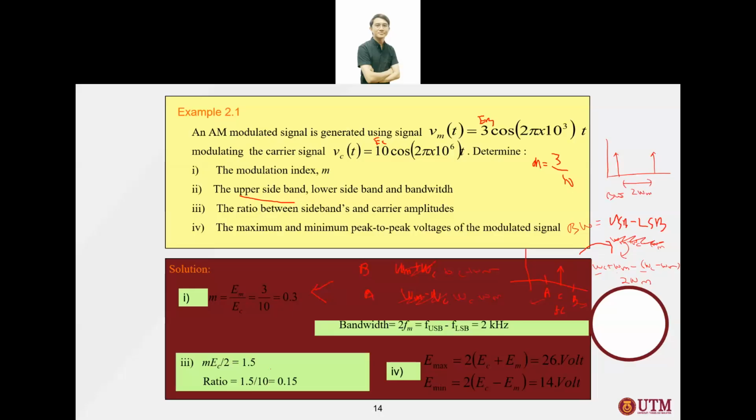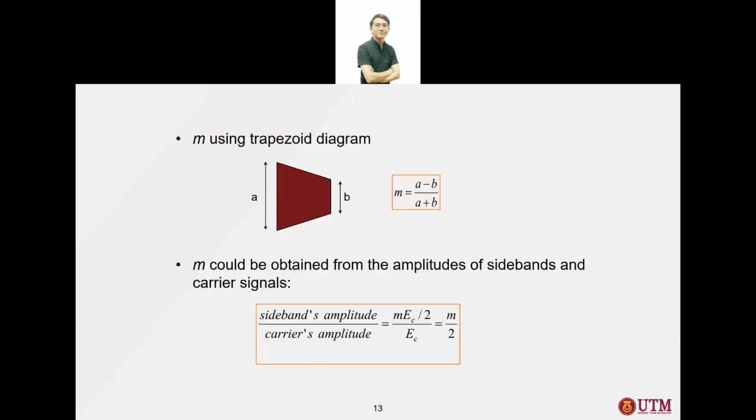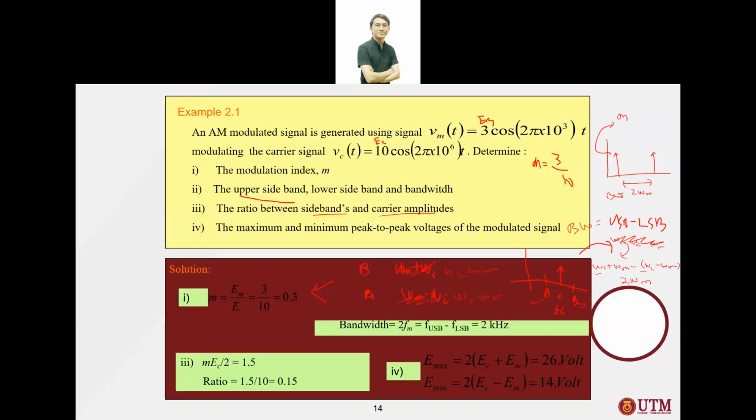And then the ratio between sideband and carrier amplitude. This one is easy from just now. M equals EC over 2, and carrier amplitude over EC. So this is how you get them.